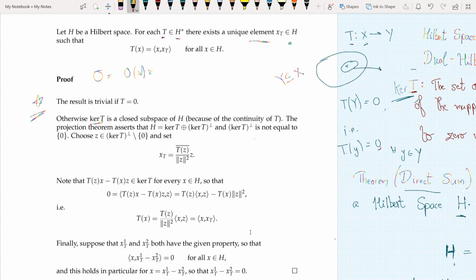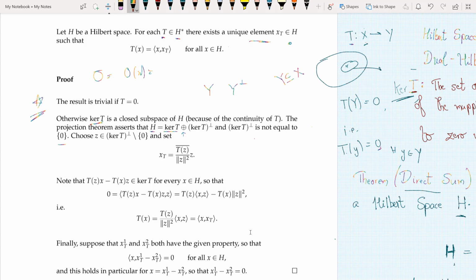The projection theorem asserts that every Hilbert space H can be written as kernel T direct sum kernel T perp. And the kernel T perp is not equal to 0.